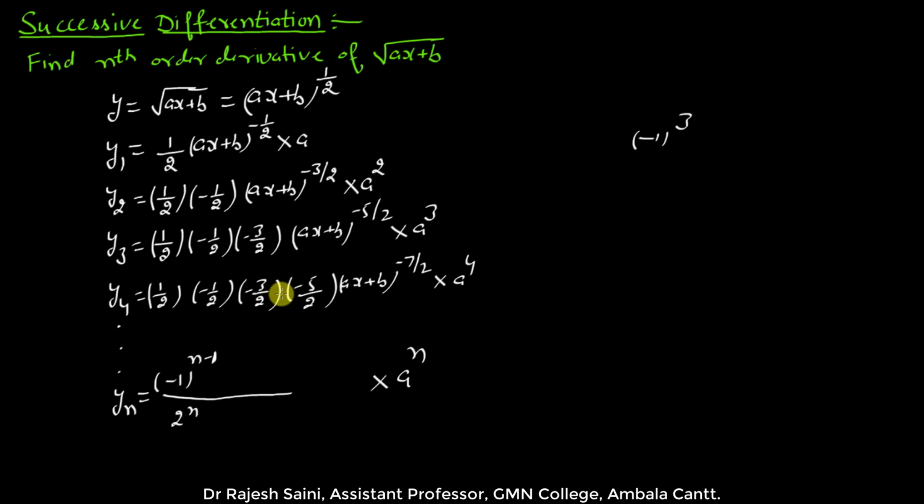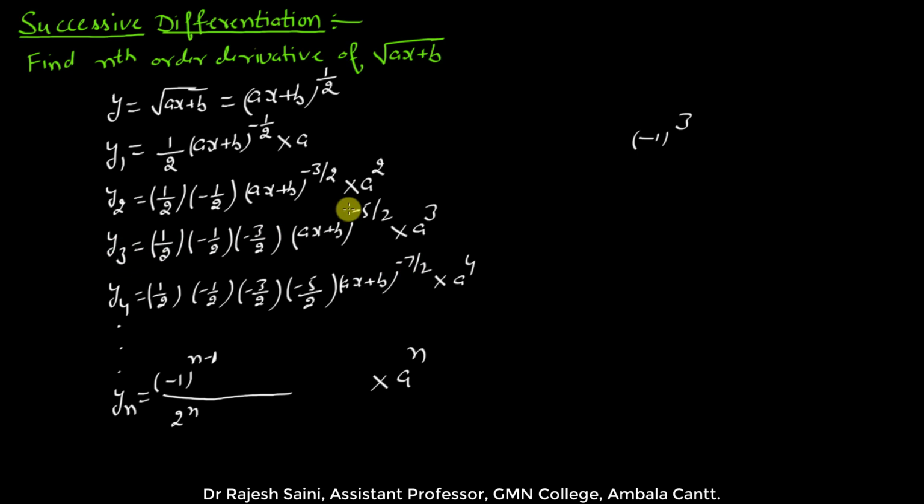Fine. And you see here, when here is 4, here is 7. When here is 3, here is 5. Upon 2 is present and minus is present in each and every term of this type, ax plus b. So when here is 4, here is 7. When here is 3, here is 5. So what will we do? If you do the twice of this, it will be 8 and minus 1 will be 7.